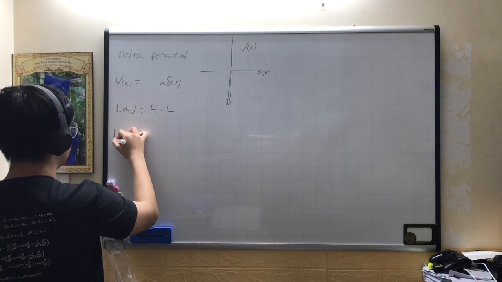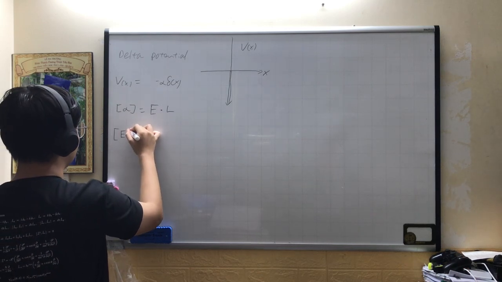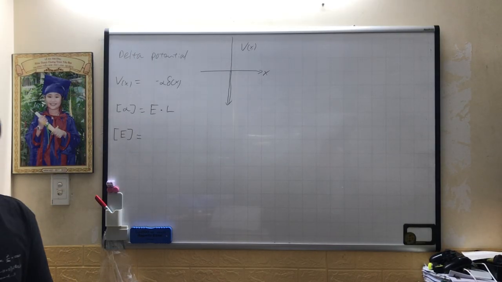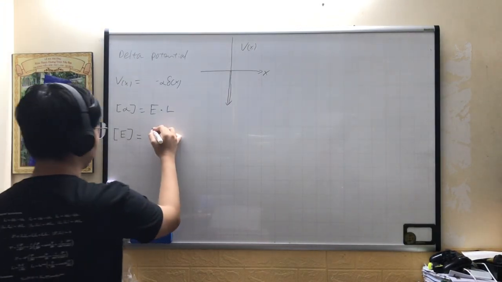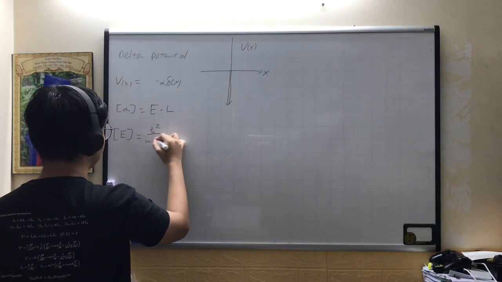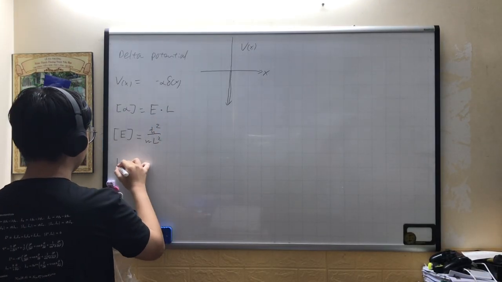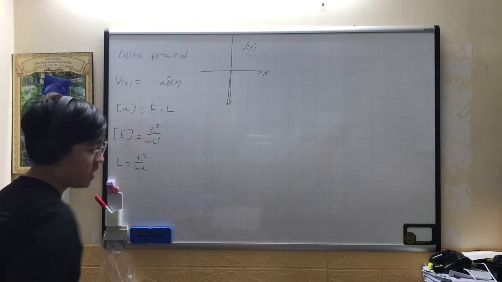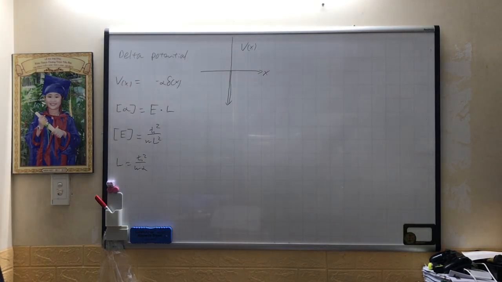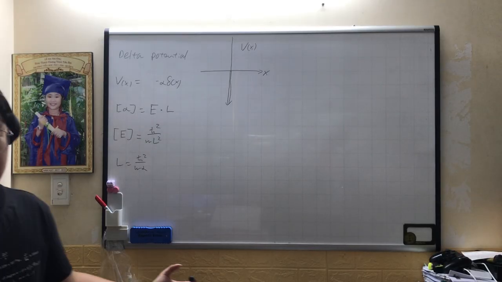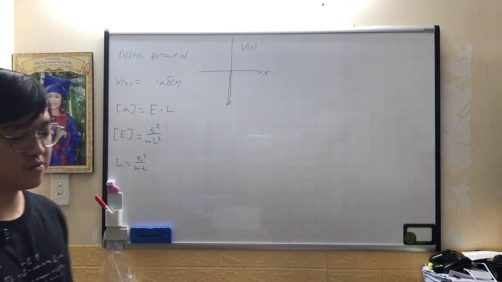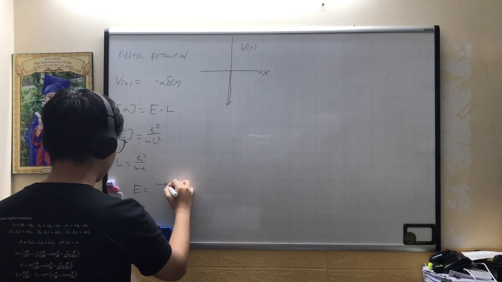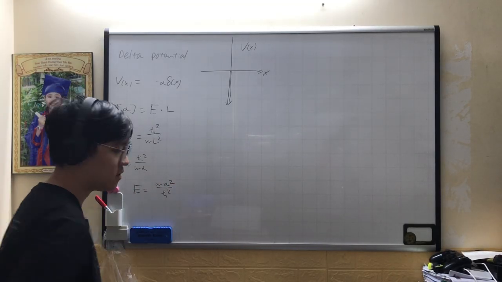And here, the unit of energy is equal to h bar squared over m times length squared, and your length is h bar squared over m alpha. So you sub it back in, and what you get is E equal to m alpha squared over h bar squared.